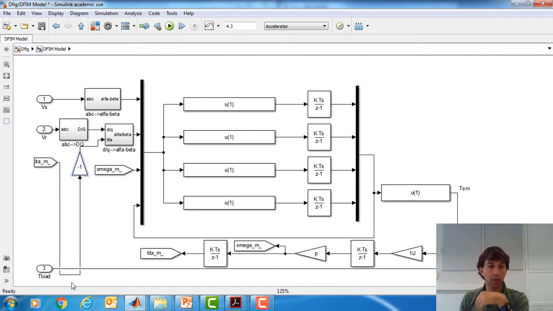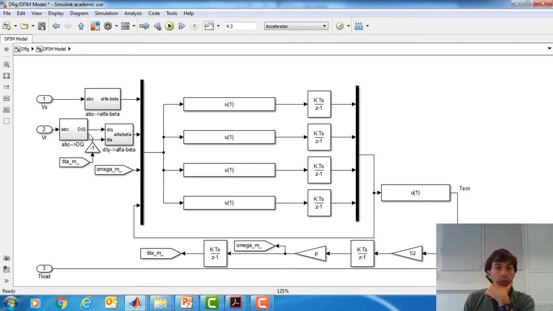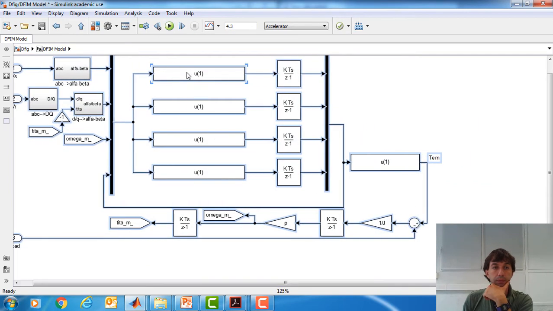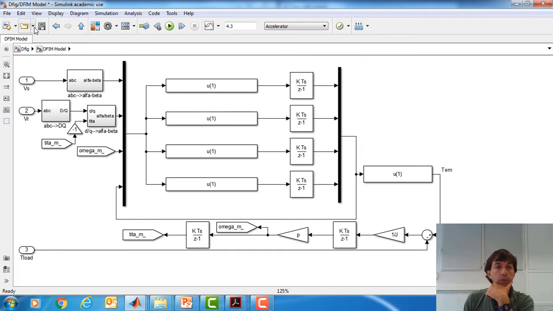Let's rotate it. Let's do it smaller. And let's do this like here. So now we can do it bigger and we can make some more space. And with this, we have everything quite to the left.